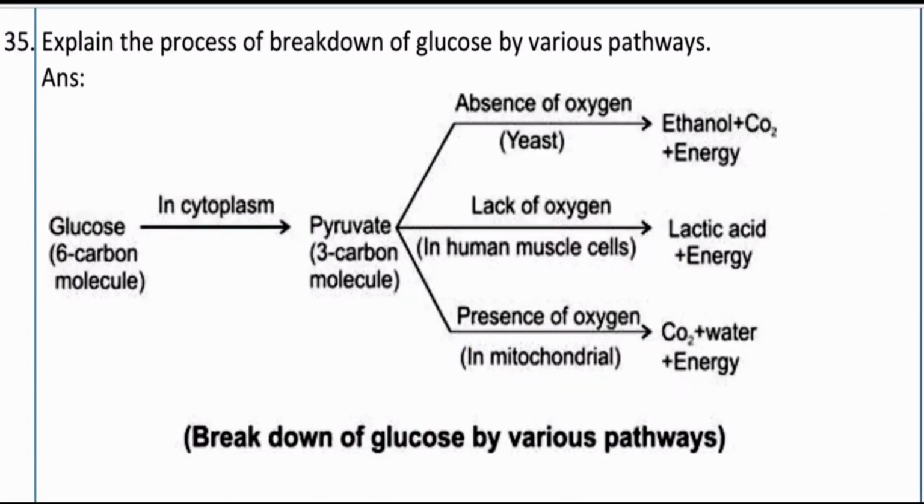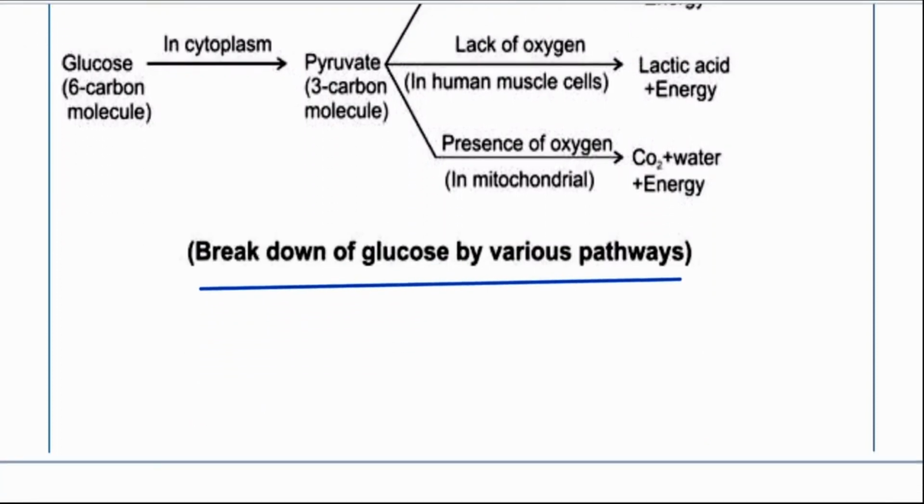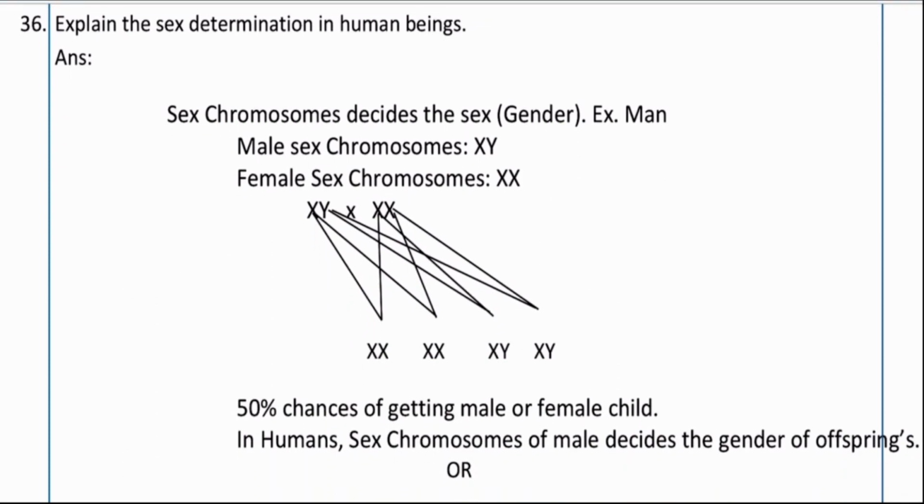Next, 35th question. Explain the process of breakdown of glucose by various pathways. Diagram is provided here. Breakdown of glucose by various pathways. Okay. 36th question. Explain the sex determination in human beings.